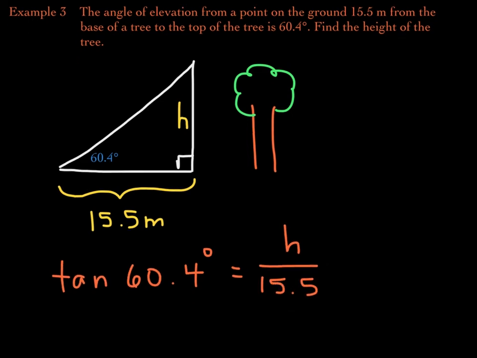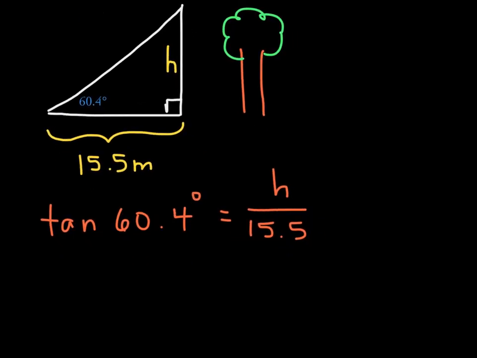So what we can do here is solve for H, multiply both sides by 15.5. So H would be 15.5 meters, right, times tangent of 60.4 degrees. Now, this problem has 3 significant digits. If you look at the given information, you count 3 significant digits, and so that's what we're going to round to.